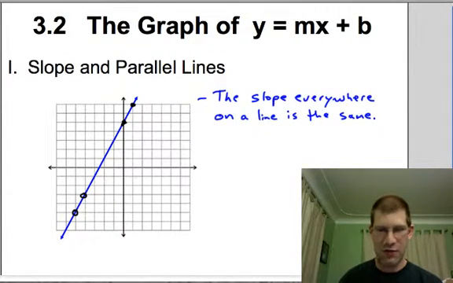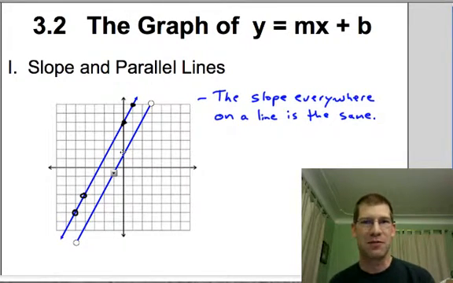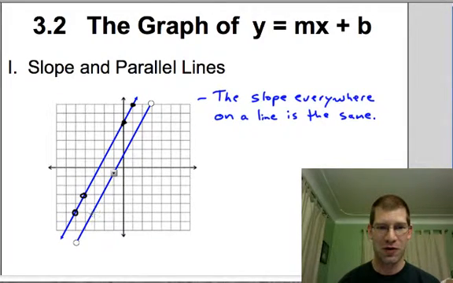If I were to then go back and take my line, the other point that they make is that if you have parallel lines, the parallel lines are going to have the same slope. And if you look, they're parallel, and when this goes up 2 and over 1, this one also is going to go up 2 and over 1.